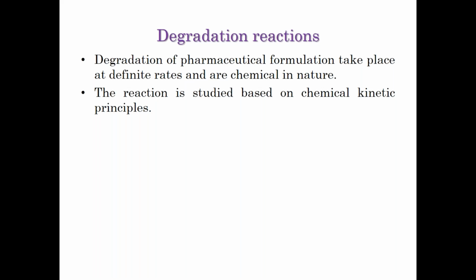Whatever degradation we have learned about, all that degradation is nothing but a chemical reaction happening. Chemical changes may not happen, but a kind of chemical reaction is happening. So we can always relate this to chemical kinetics. When we say the word chemical kinetics, that means the rate at which this is happening. That is what we are going to learn.